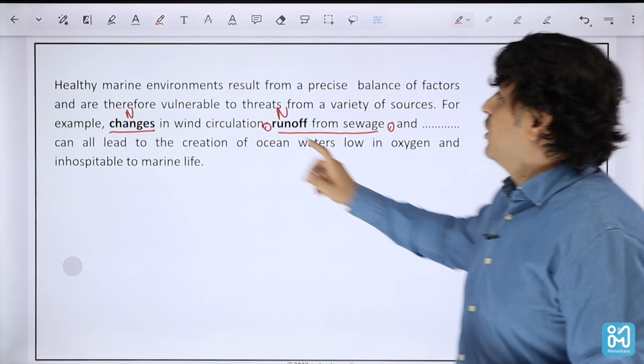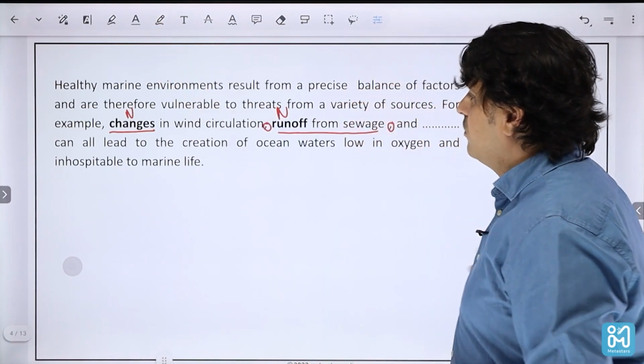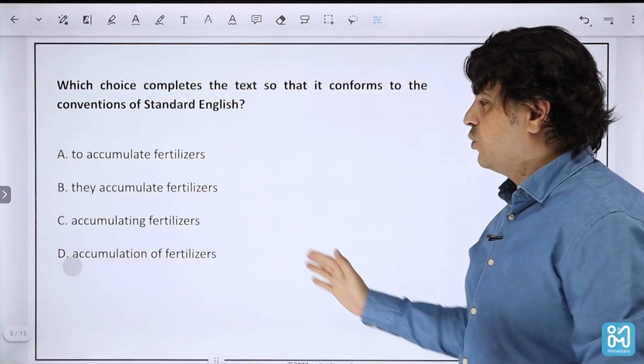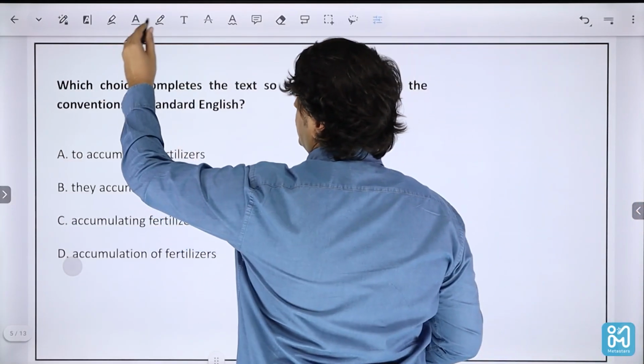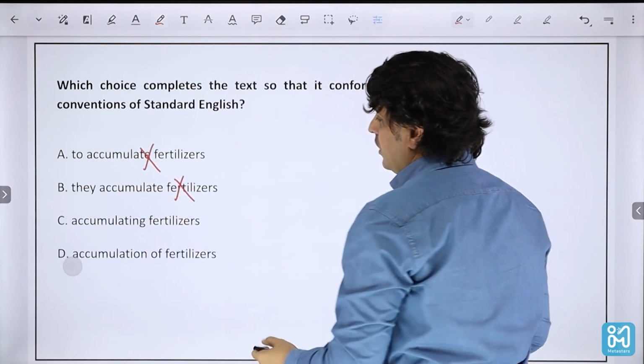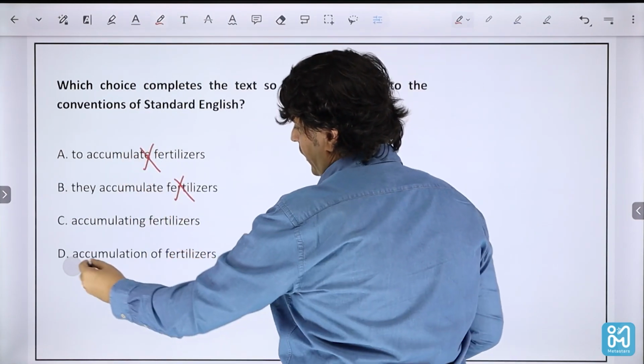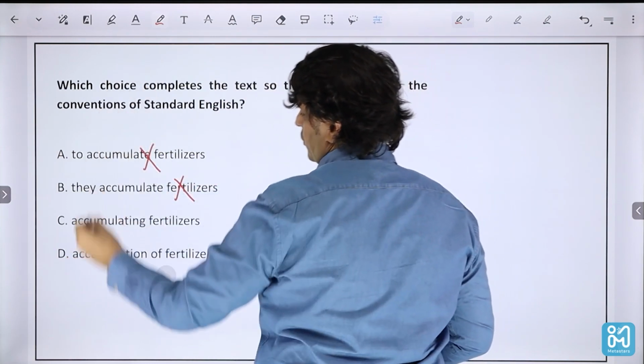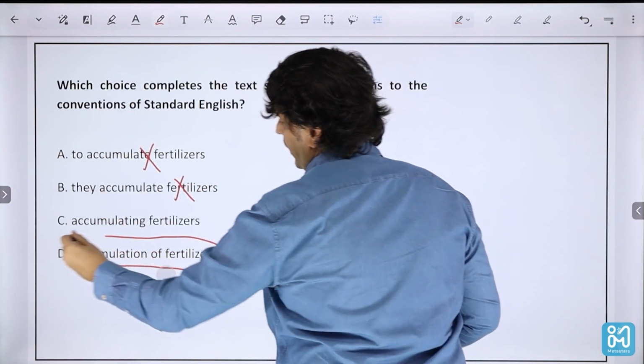Now, if you want to consider the options here, "to accumulate" does not make sense at all because it does not start with a noun. "They accumulate," no. "Accumulating" could be. But "accumulation" is the best answer so far. Why is this the right answer, not that one?